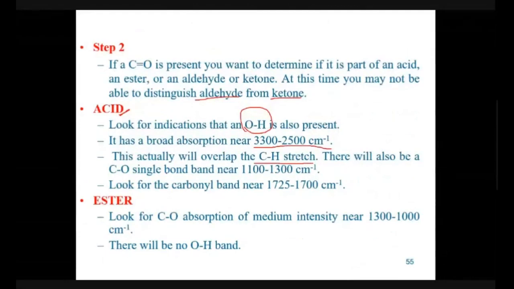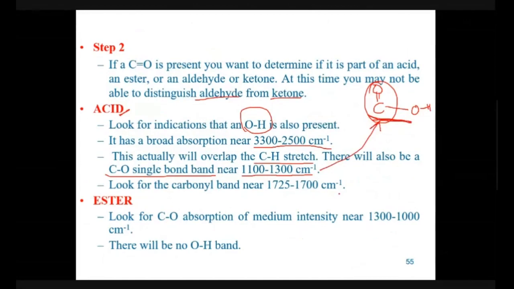There will be a CO single bond band near 1100 to 1300 centimeter inverse. If it is carboxylic acid, there is the CO bond which we identified in the first step, and there will be another CO single bond that will give a stretch at 1100 to 1300 centimeter inverse.